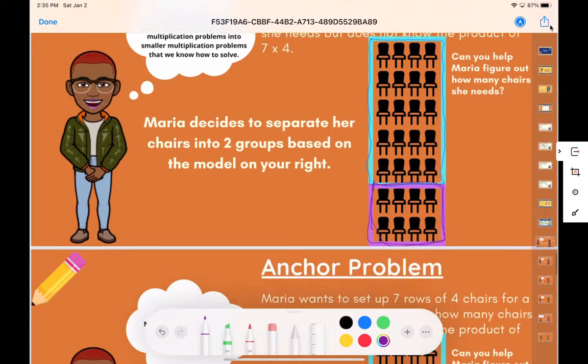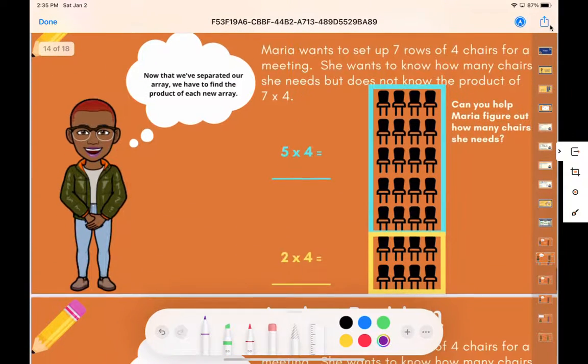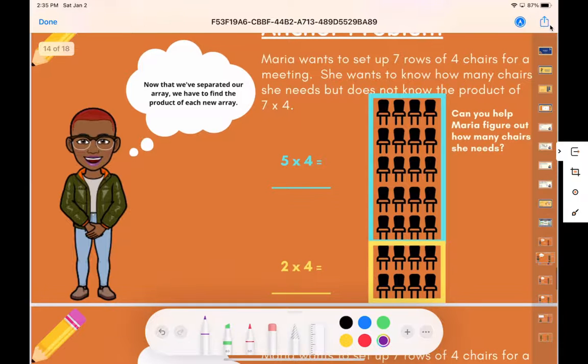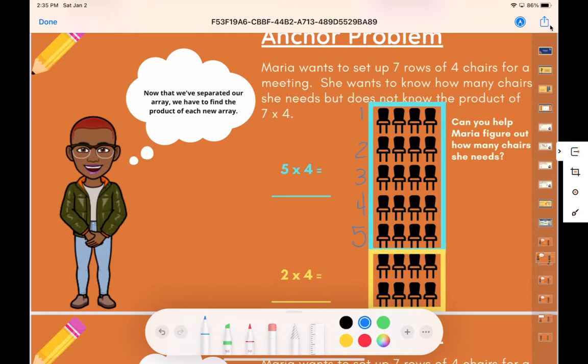Well, let's see. If I look at my first group, it appears that it's created a smaller array. In this smaller array, I now have 1, 2, 3, 4, 5 chairs going down, and 1, 2, 3, 4 chairs going across.